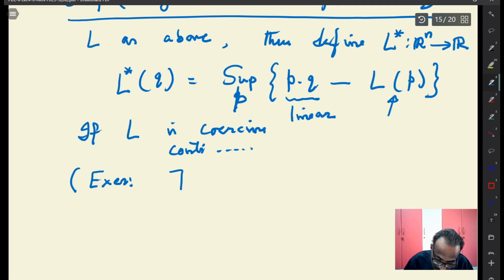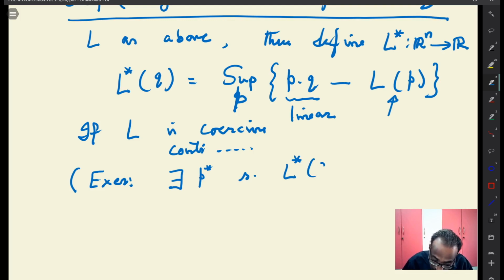There exists some P star such that L star of Q is attained.